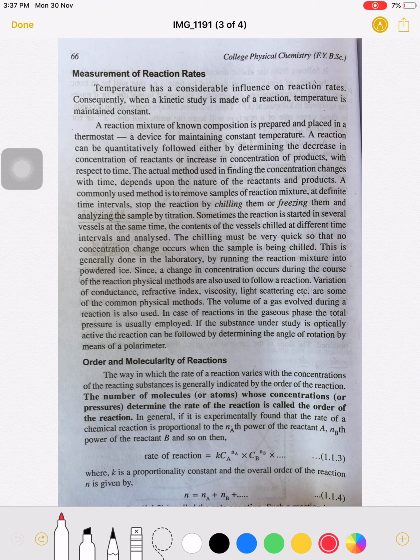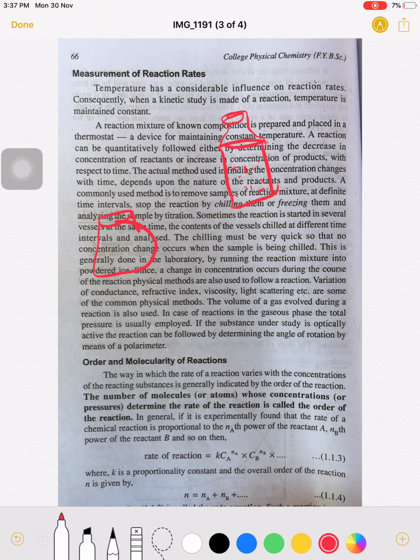So actually the simple method used for the determination of rate of reaction is that, in that method, we are taking a conical flask. From the beaker, suppose the beaker is filled with a reaction mixture, or it may be a stoppered bottle.